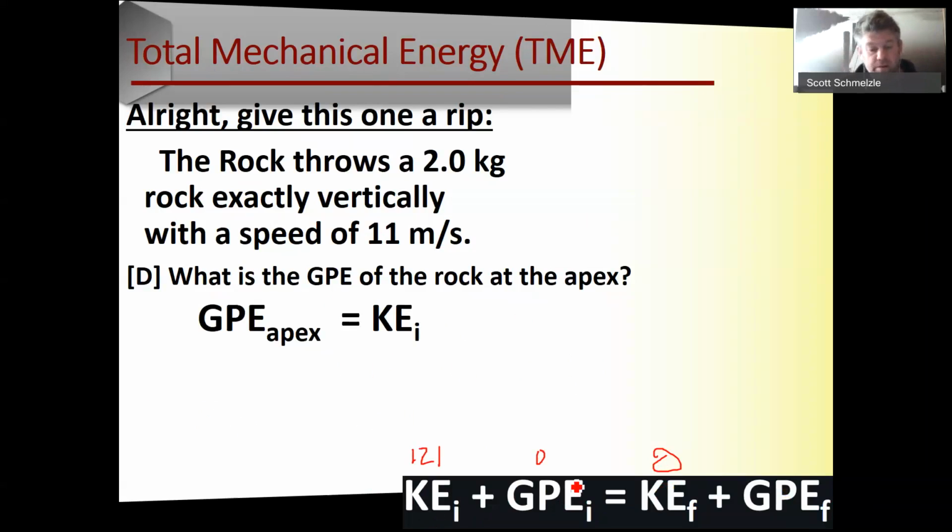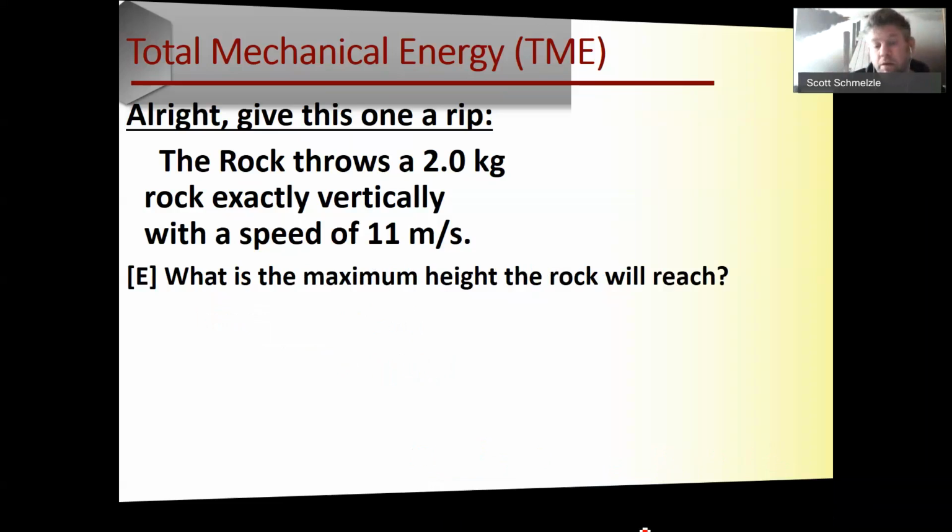So because of that, it's 121. So we got basically 121 plus 0 equals 0 plus x, our final GPE. Now that we know how much energy it has sitting right at the top of that apex, we can figure out the maximum.